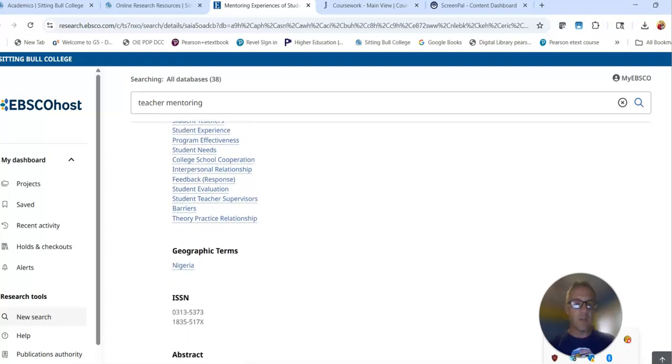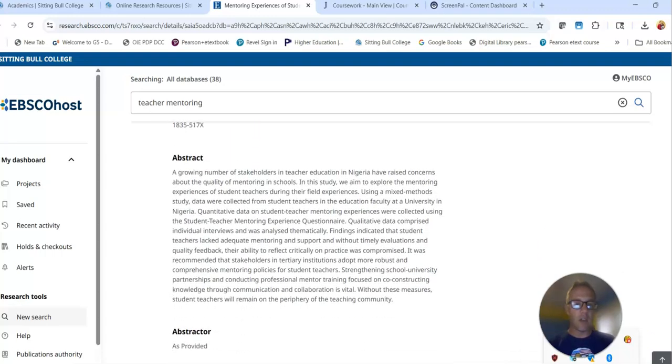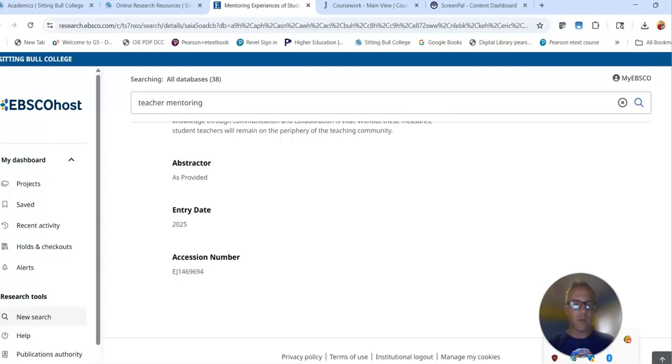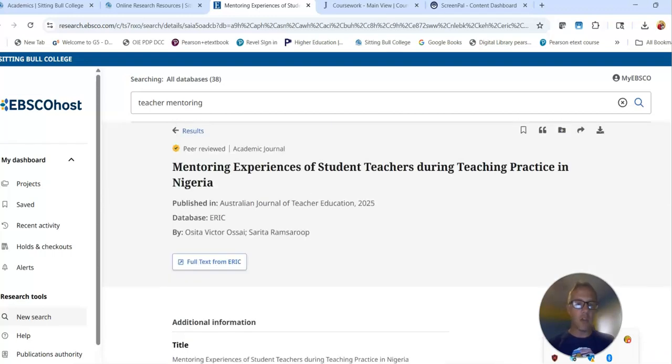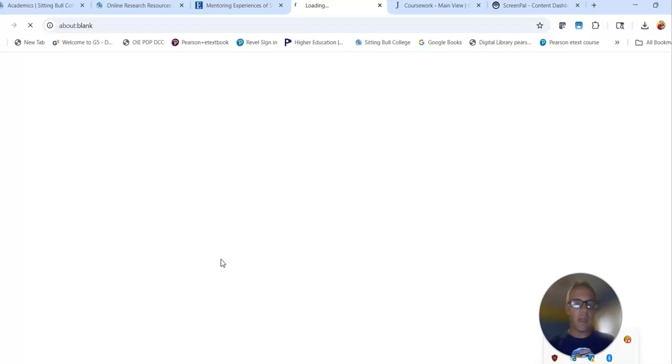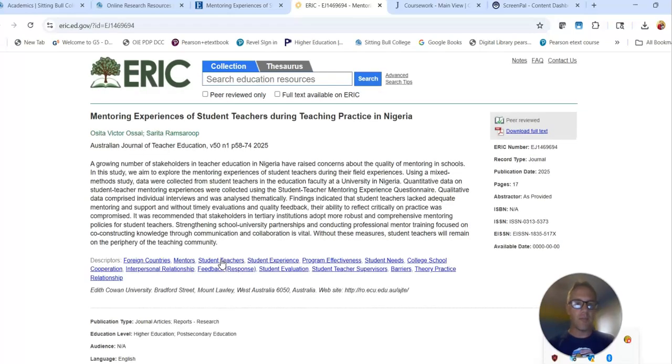So yeah, lots of information you can find here. A little bit of an abstract on these, so it gives you an idea of what that is about before you dive into taking a look at it. But you should be able to then click on the full text from Eric, and it should pop up right here, download. So this is an Eric, right? Download full text.